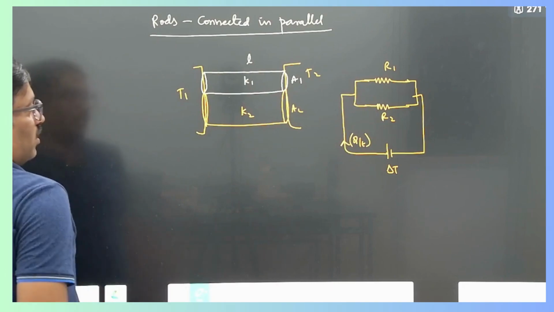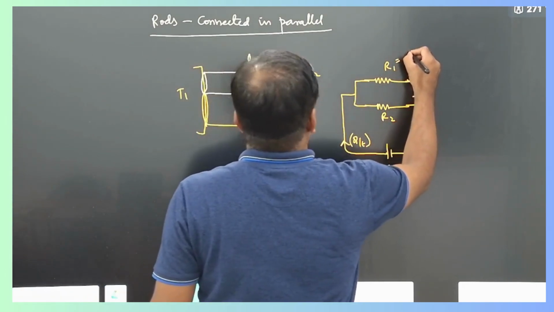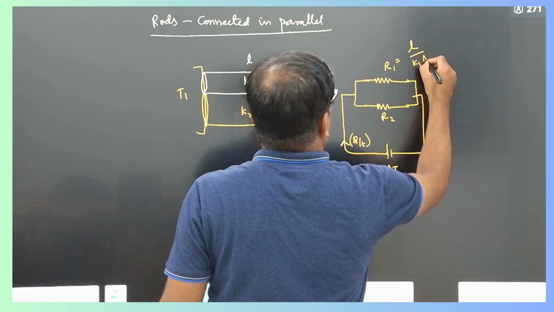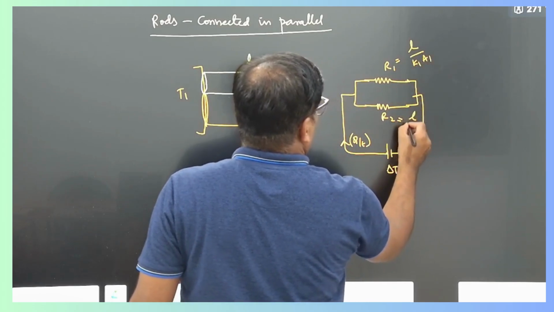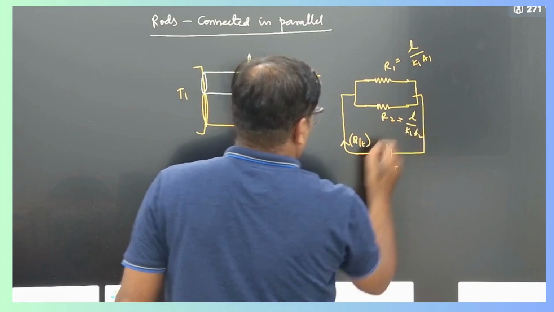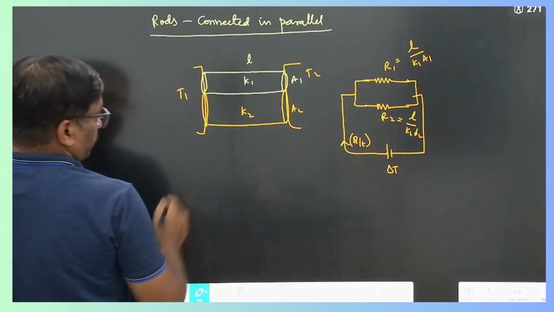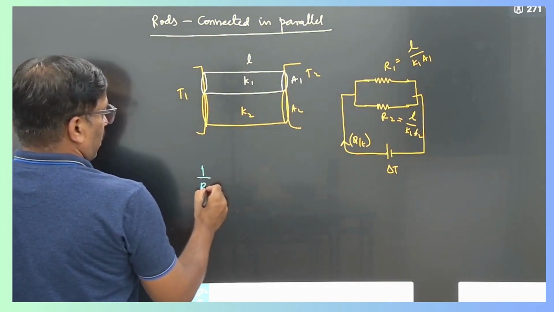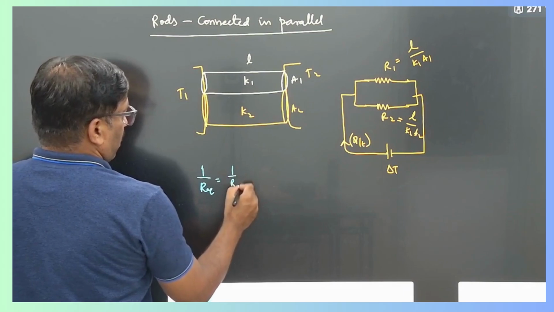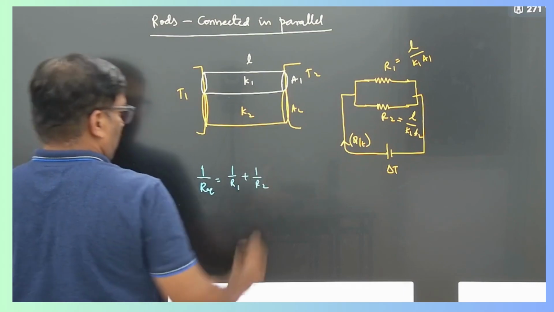Now we know R1 is L by K1 A1, and R2 is L by K2 A2. They are connected in parallel, therefore 1 by R equivalent is 1 by R1 plus 1 by R2.